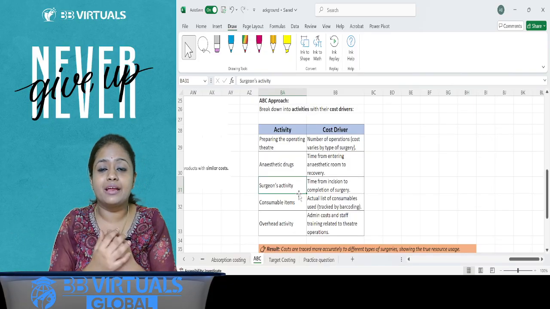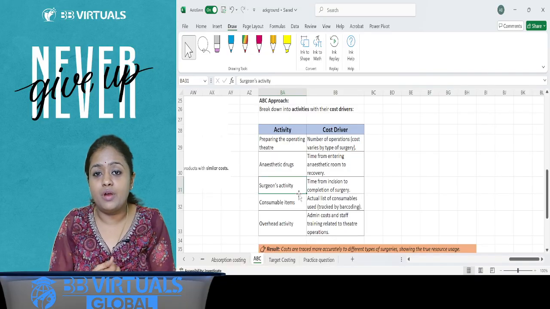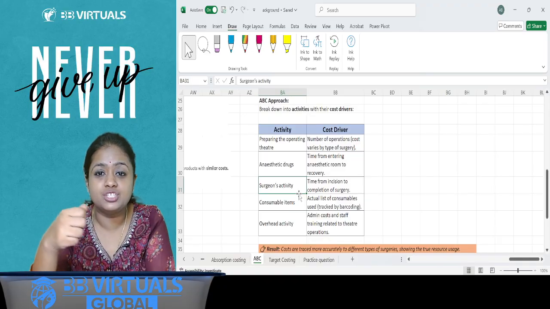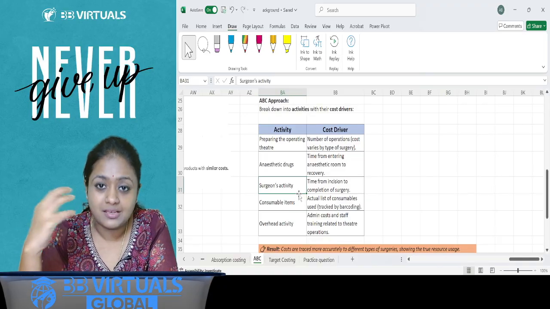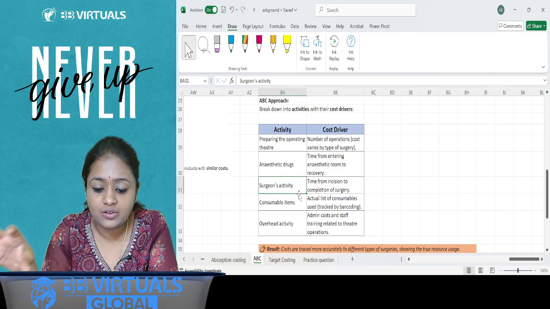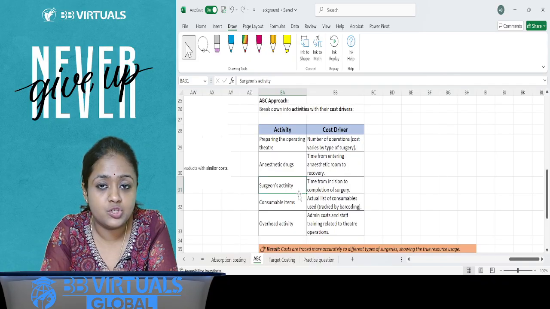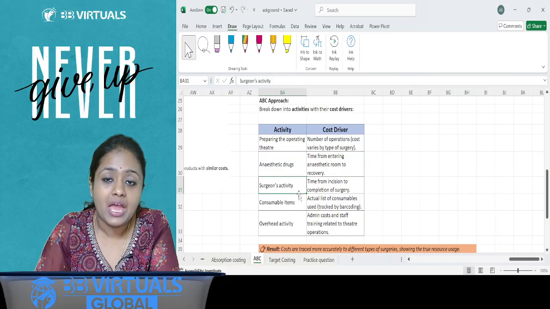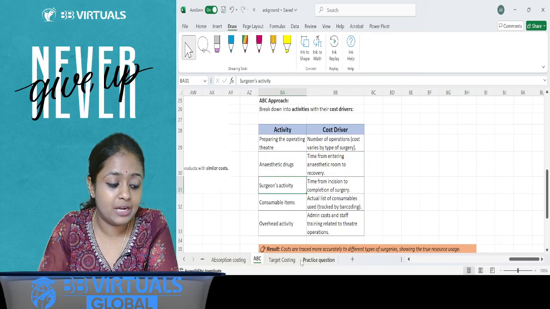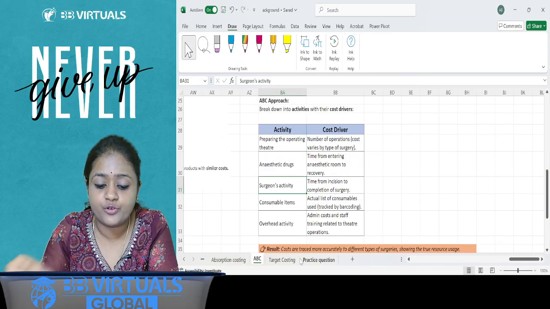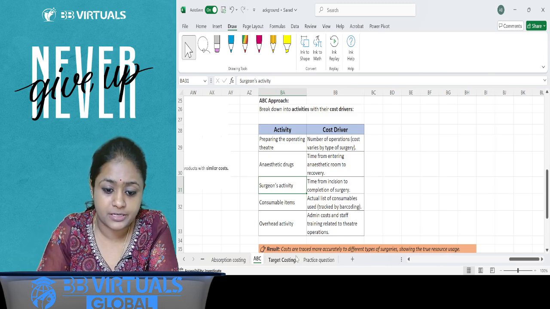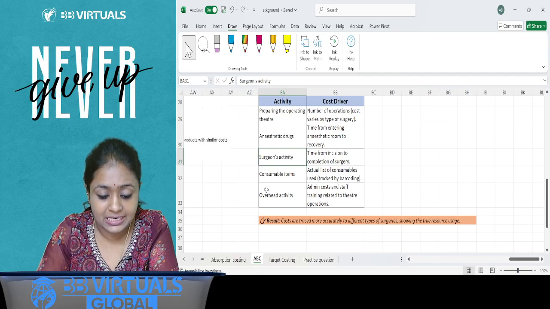Consumable items like gloves, syringes, masks will be tracked on the basis of consumables used for every surgery. And finally, the overhead activity, the admin role, the other staff role relating to the theater operations. So all these will be the different cost drivers that are driving these activities.